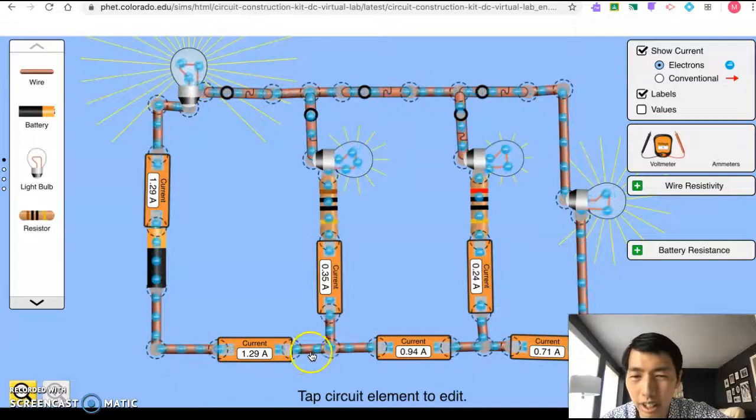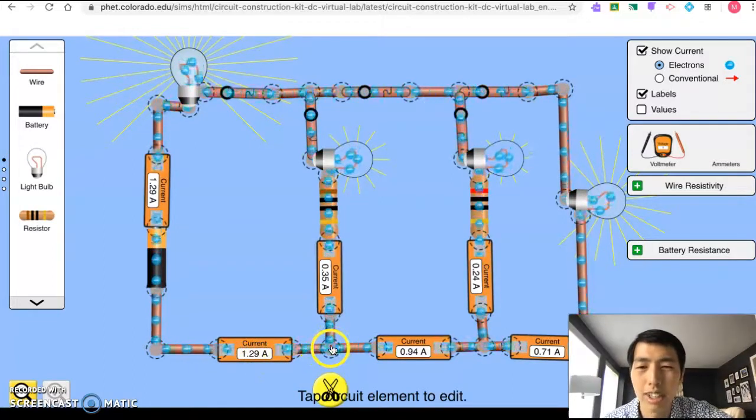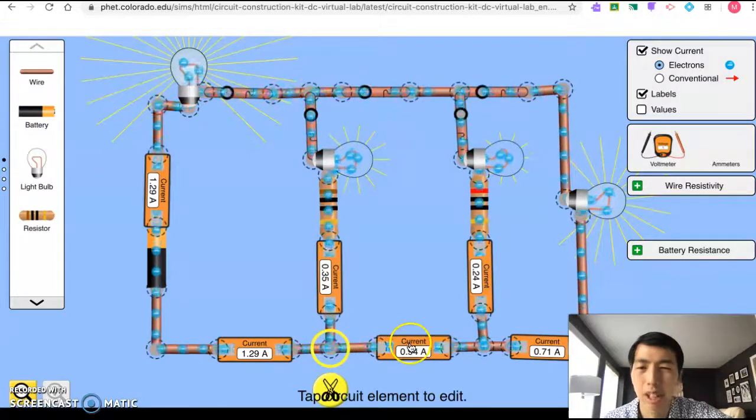Now, this is the first junction right here where the current reaches. So according to the current rule, this 1.29 amps going into this junction must equal 1.29 flowing out. So the current flows out in 2 different possible directions. Some of it's going up here, where I see a current of 0.35, and the rest of it should be going to the right, where I see a current of 0.94.